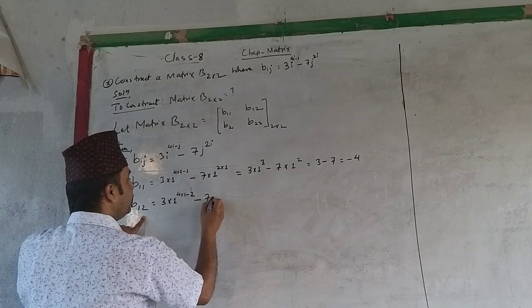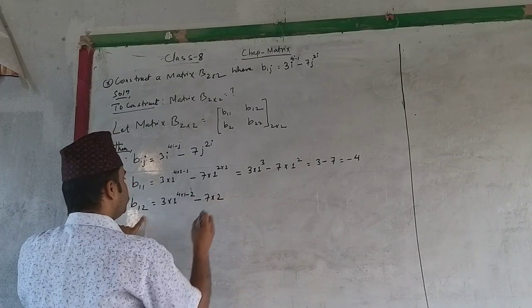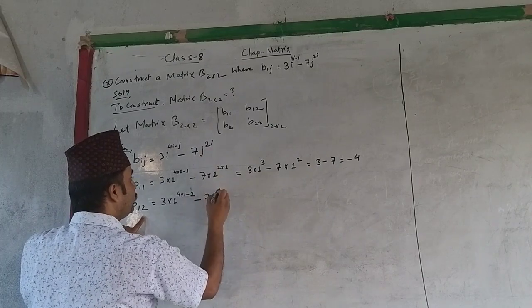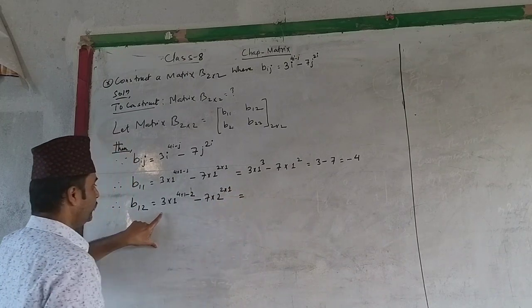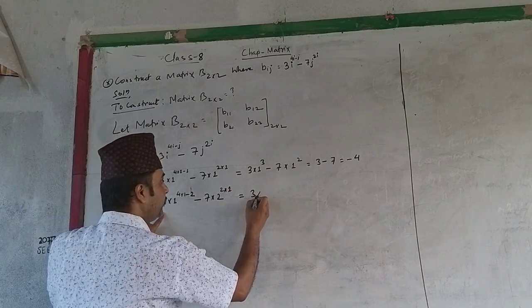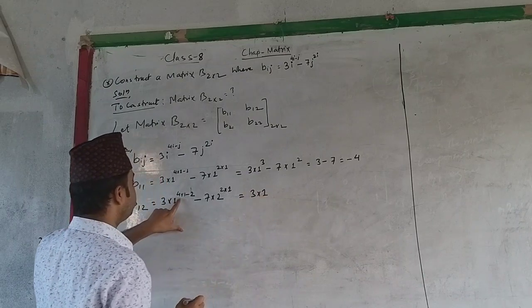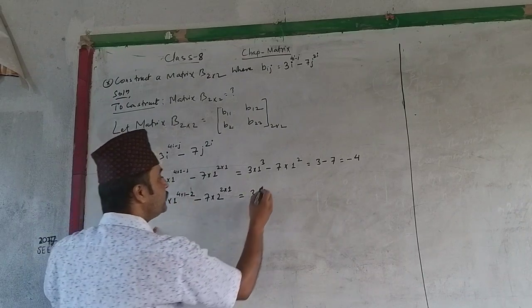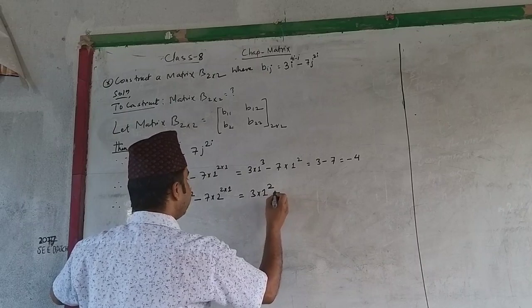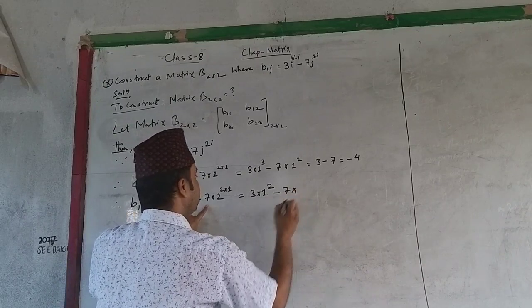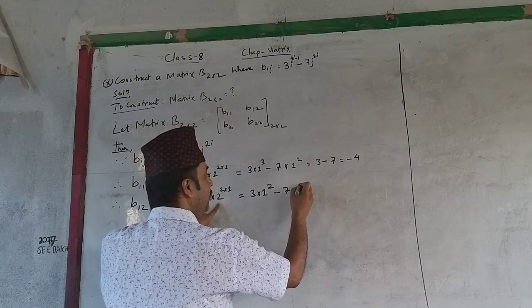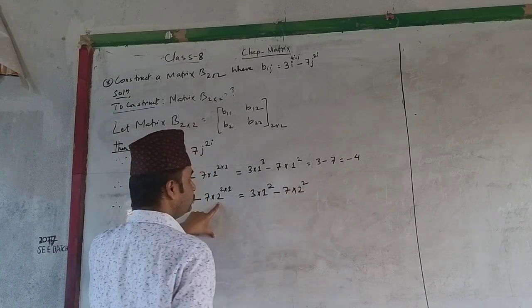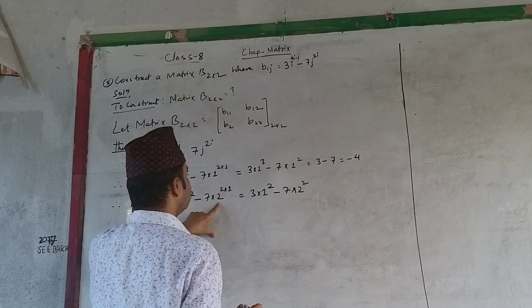Minus 7 into 2 to the power 2 times i, which is 1. So what will be your answer? So here 3 to the power 4 minus 2, which is 2. So 3 to the power 2, minus 7 times 2 to the power 2.